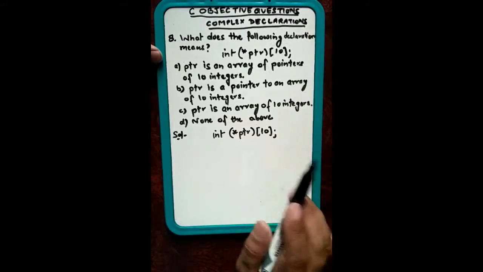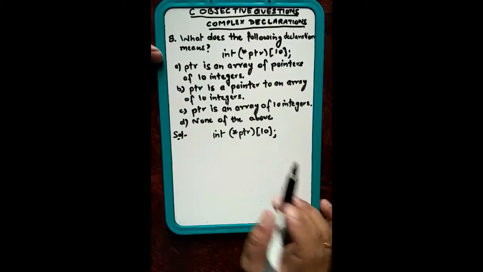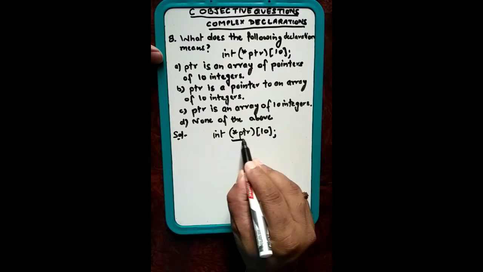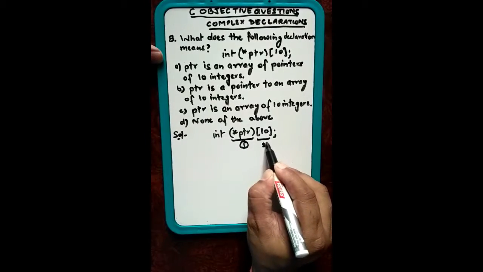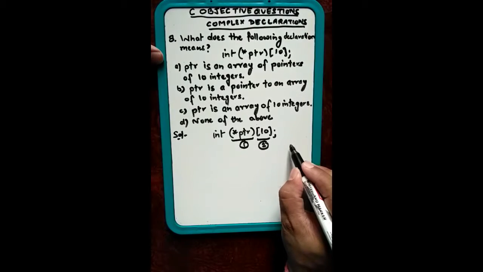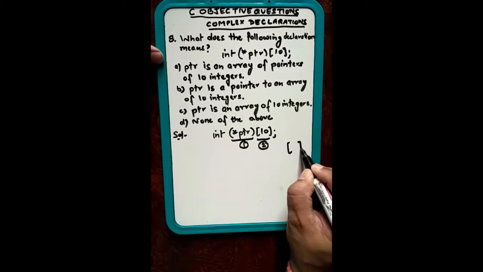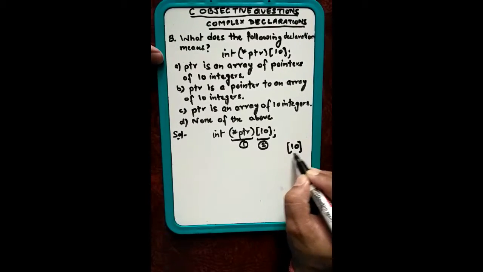Parenthesis and square bracket have the same precedence, and both have left to right associativity, that is, first this will be solved and then this will be solved. The square bracket declaration is for an array, and here you have written 10, that is, an array of 10 elements.